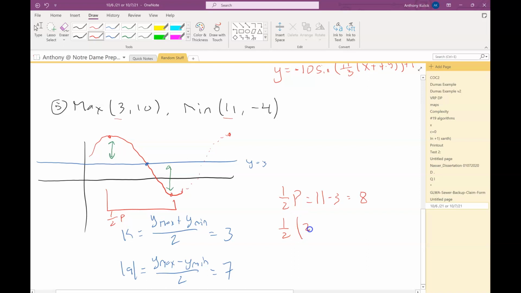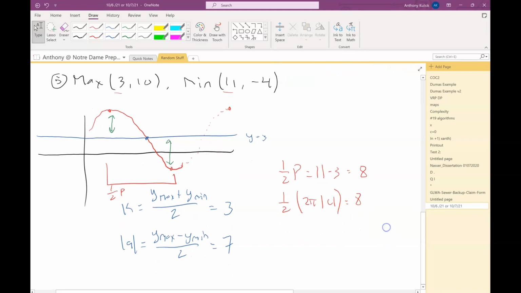And I know a period is 2 pi over the absolute value of c. So the absolute value of c is going to be 8 divided by pi. And now I'm just left with finding my h.